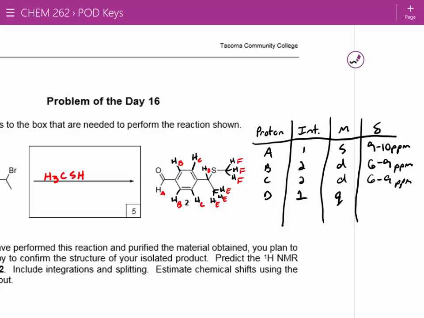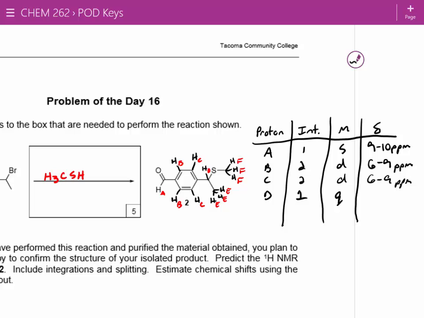And where would this one show up? This one's a little tricky for the chemical shift. If we look at it, it's on a carbon that's attached to an electronegative group. On the correlation sheet, an electronegative group is just drawn as an X. So 2 to 4, and it's also on a carbon that's attached to an aromatic ring.